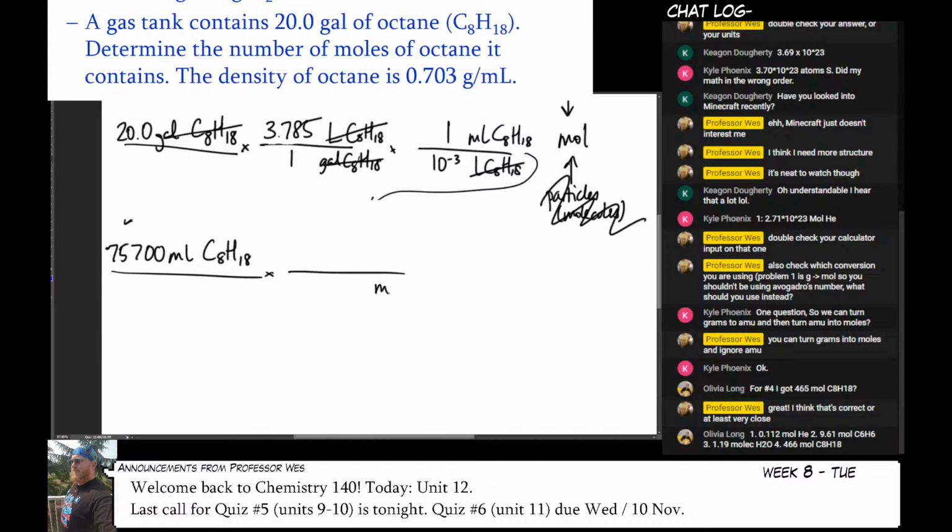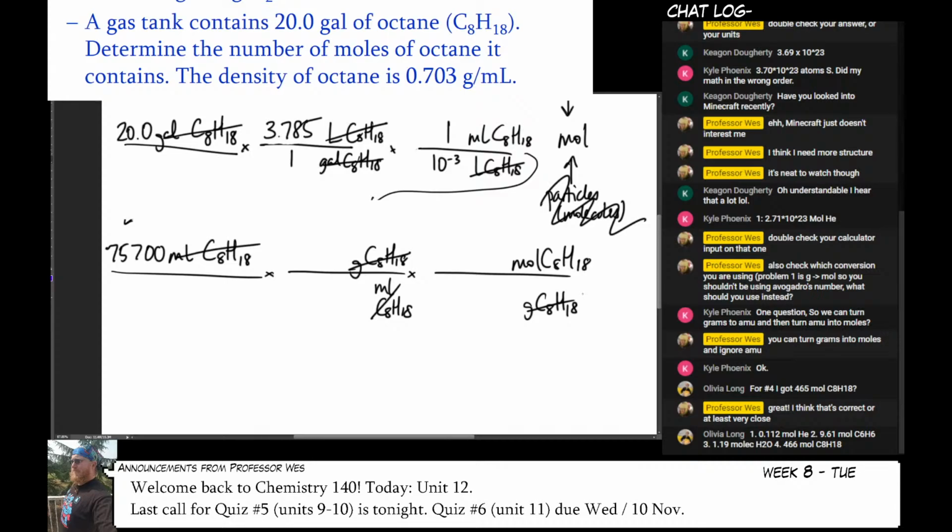So we're going to turn milliliters of octane into grams of octane. And those units will cancel out. And then once I know the number of grams of octane, I know the number of moles of octane. And so now this problem is just like what we were doing before.